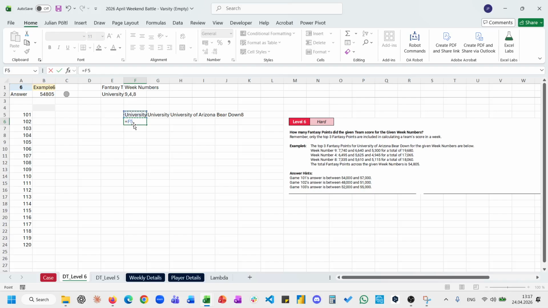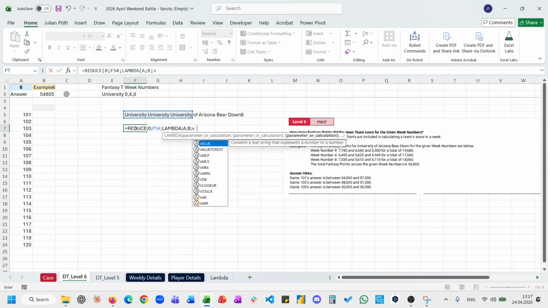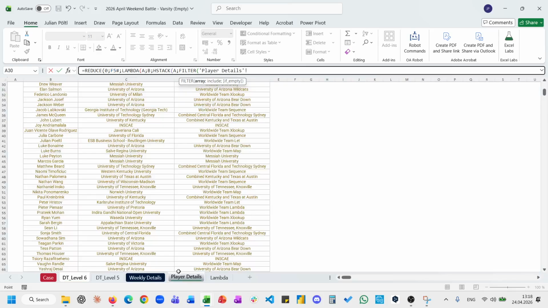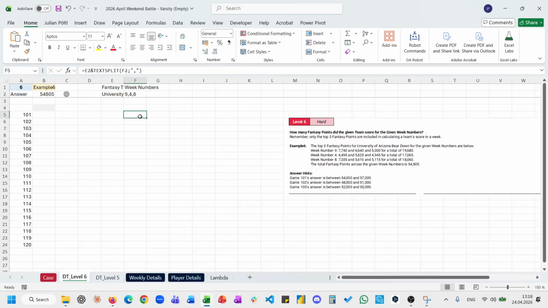So REDUCE, LAMBDA a b, VSTACK, 8 STACK a and FILTER. So first I want to have the names.